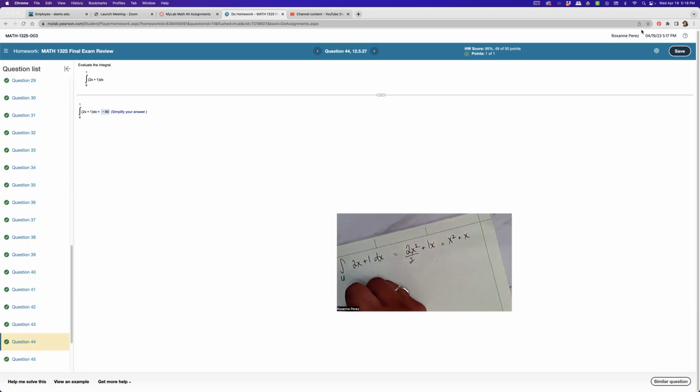So 1 squared plus 1 minus 6 squared plus 6. This is 2 minus 36 plus 6. So that's 2 minus 42 equals negative 40. All right, that's much better.